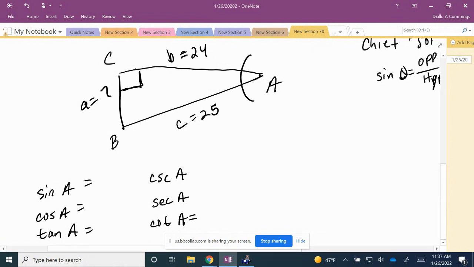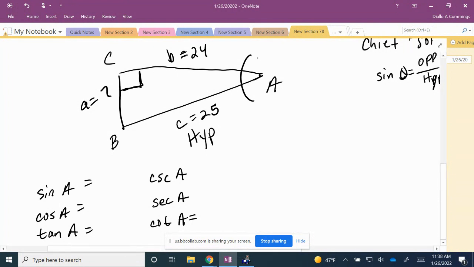Keep in mind, for any right triangle, the hypotenuse is opposite the right angle. My right angle is angle C, so the hypotenuse is going to be opposite angle C. So here we have our hypotenuse. Next, excuse me, we'll lay out the opposite.